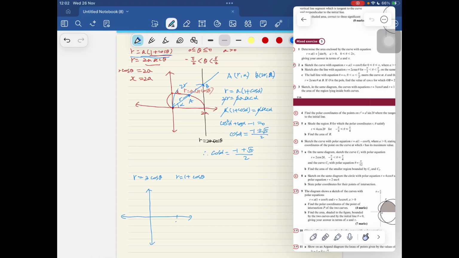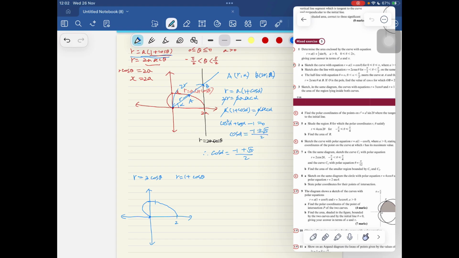So let me make it 2, 1, 0. So this is pi, 0 to pi. And just continue, 3 pi over 2.